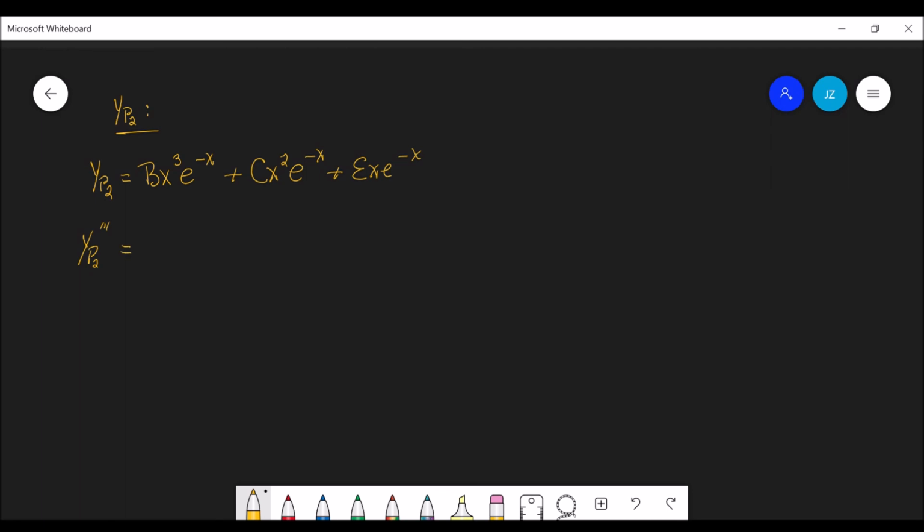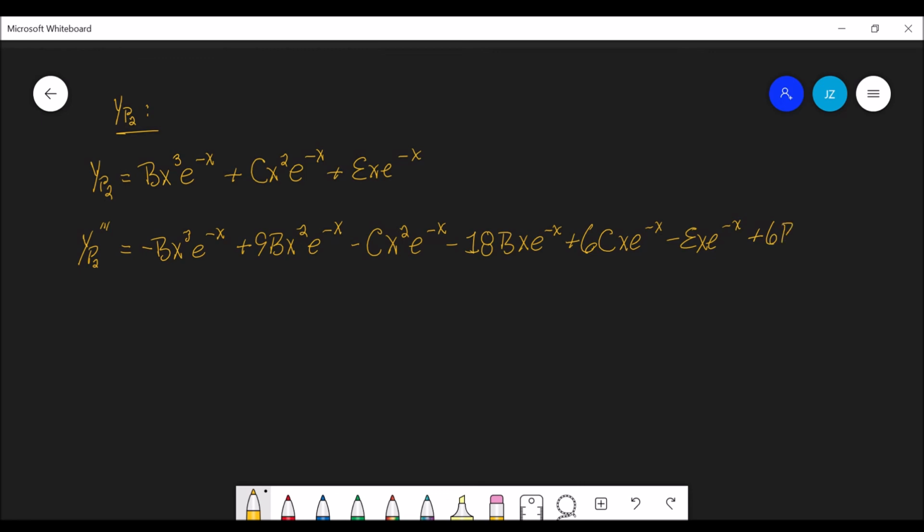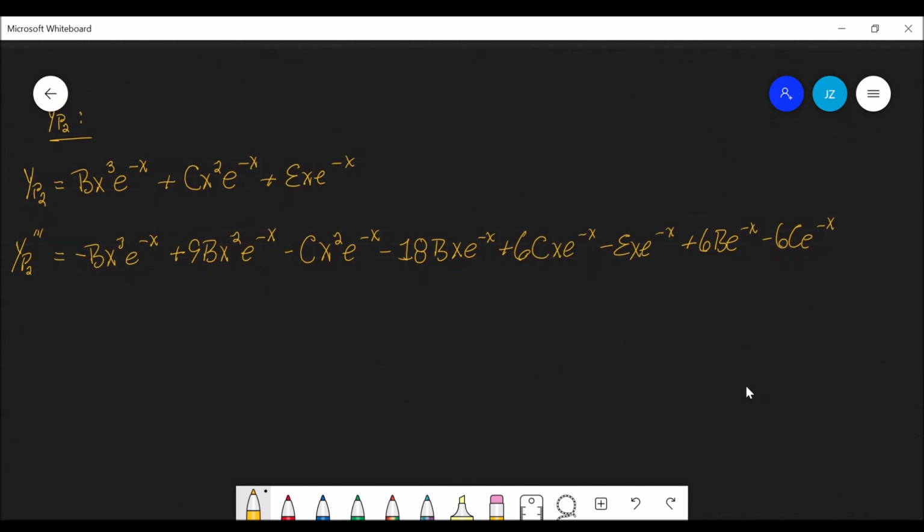The third derivative is negative bx cubed e to the negative x plus 9bx squared e to the negative x minus cx squared e to the negative x minus 18bx e to the minus x plus 6cx e to the minus x minus exe to the minus x plus 6be to the minus x minus 6ce to the minus x plus 3e to the minus x.